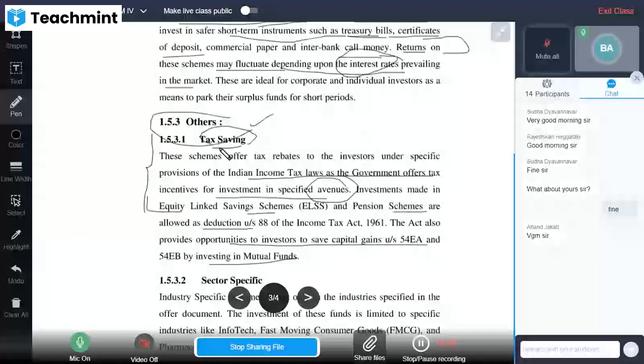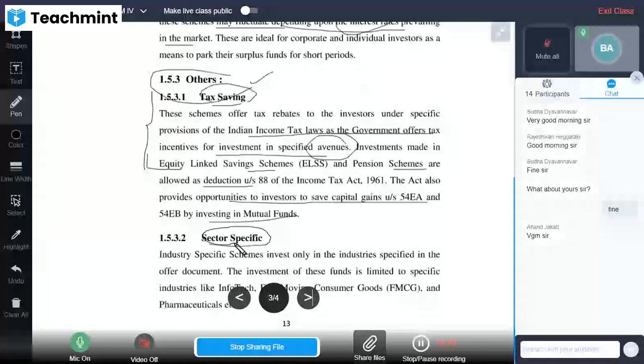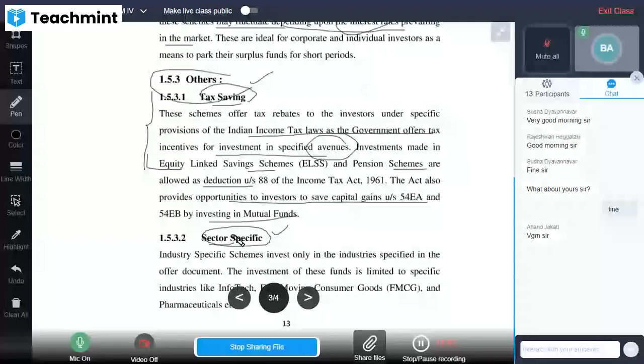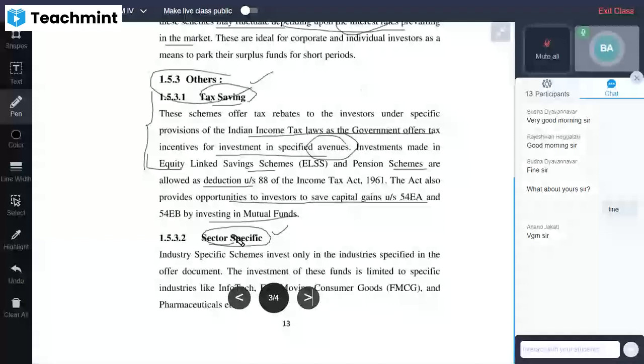And sector specific scheme, in the sense that there are specified sectors, for example ICICI Prudential Technology Fund, and Aditya Birla Sun Life India Gen Next Fund, which means the Generation Next Fund.